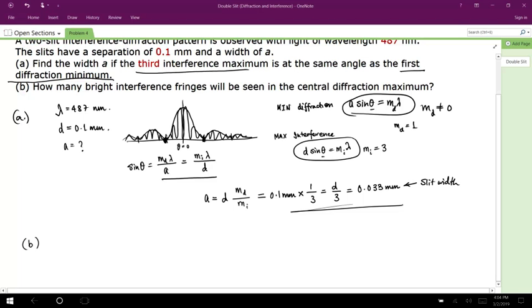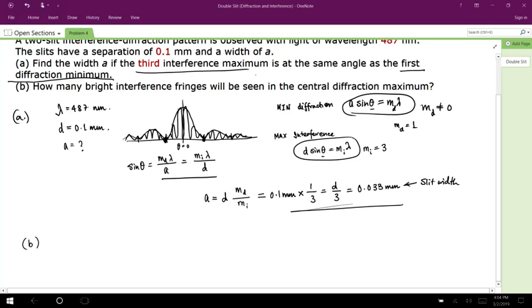And the central diffraction maximum is just an envelope curve for the interference fringes that are formed inside. So each of these are going to be bright spots, right? Now we have further information. Going back to part A, it says that the third interference maximum is at the same angle as the first diffraction minimum. So this is where the first diffraction minimum is, and hence the third interference maximum is also over here. But because the diffraction pattern has a zero over here, we will get zero intensity anyway, which means that the third interference maximum is not seen.